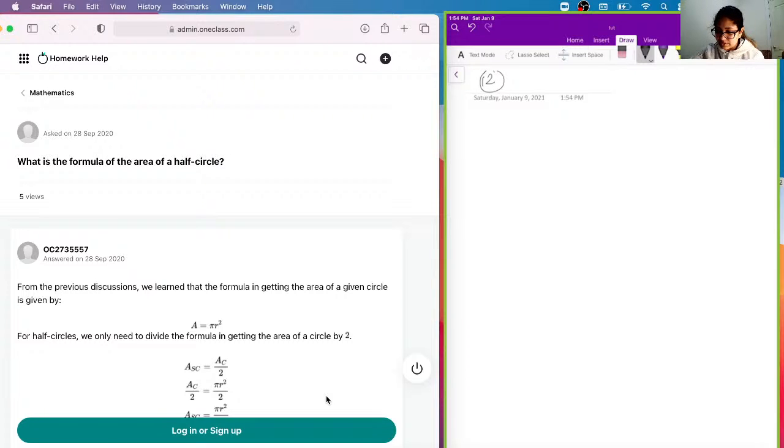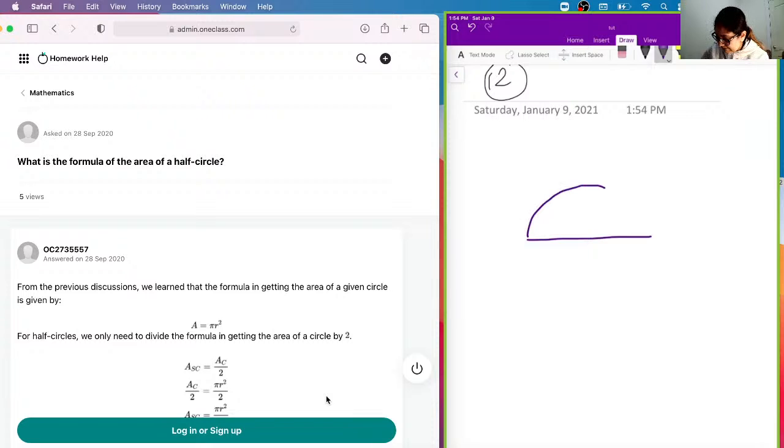Okay. So our next question says, what is the formula of the area of a half circle? So I'll just draw out a half circle here. Okay, so this is how your half circle would look.